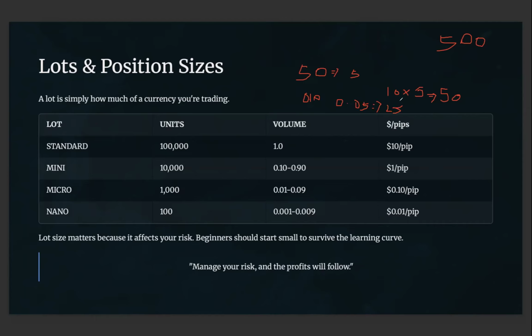Now, one thing I want you to notice is that the higher the stop loss, the smaller the lot size you should be using. The higher the stop loss pips, the smaller the lot size. The lesser the stop loss pips, the higher the lot size can go.